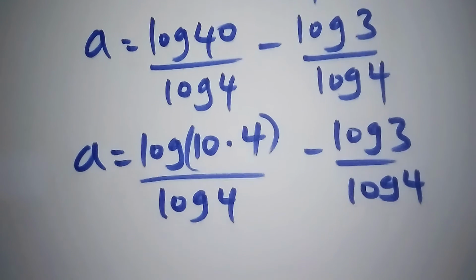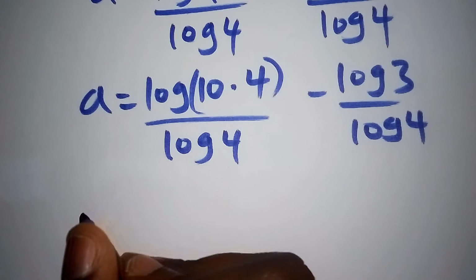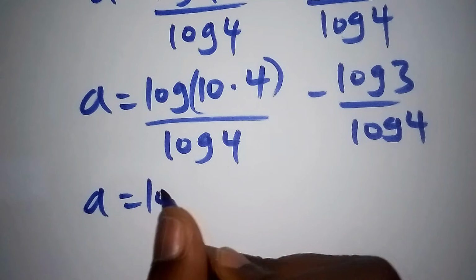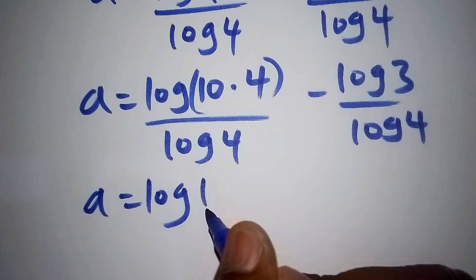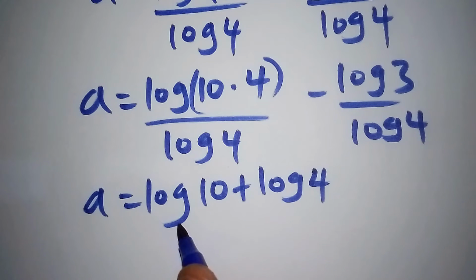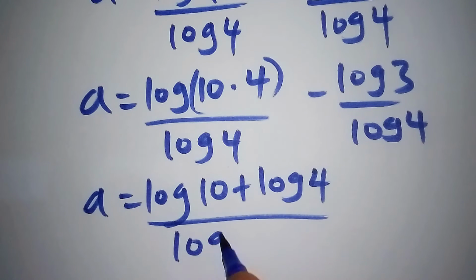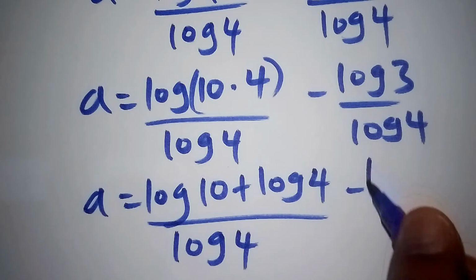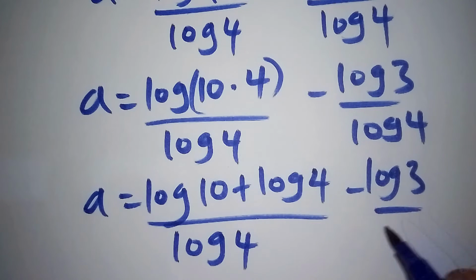Here our a is equal to the log of 10 plus the log of 4, all over the log of 4, minus the log of 3 all over the log of 4.